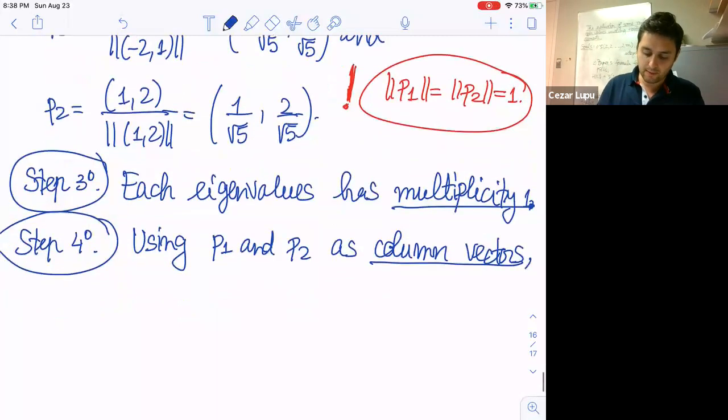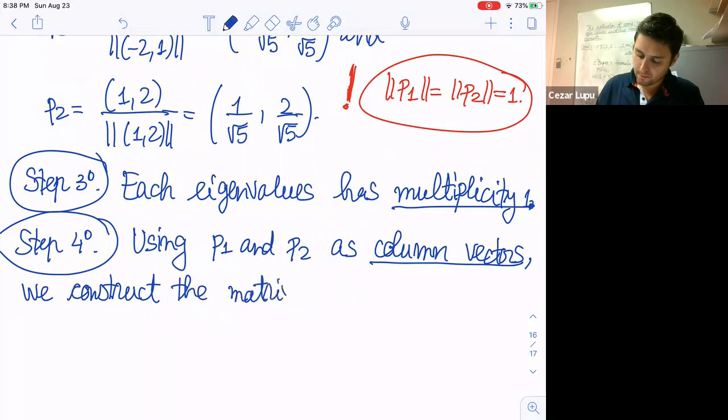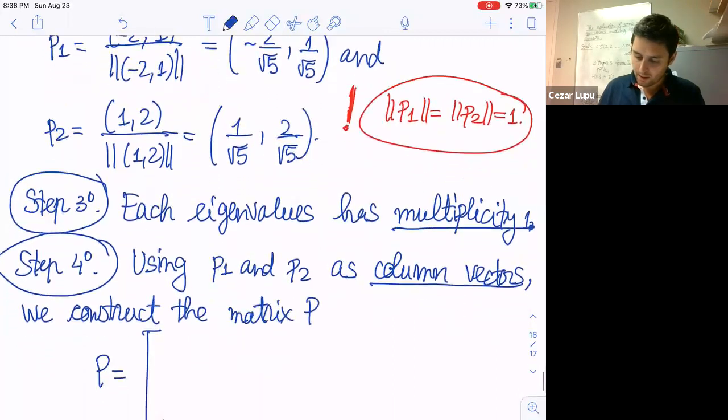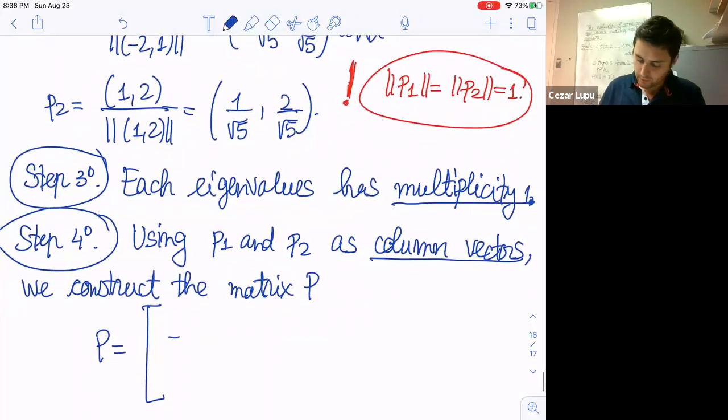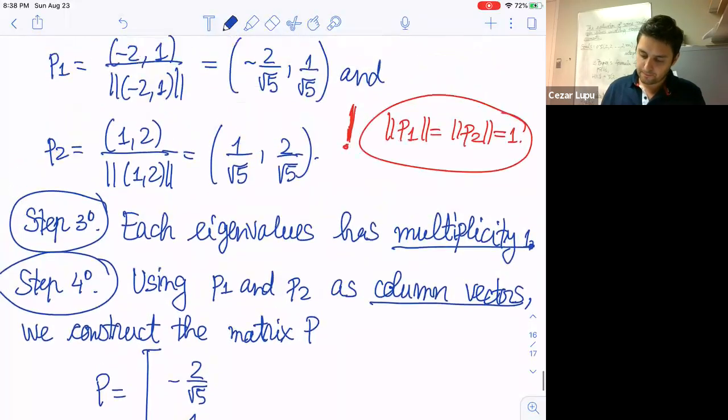We construct the matrix P. And let's write this matrix. Negative 2 over square root of 5 and 1 over square root of 5, the first column, right?